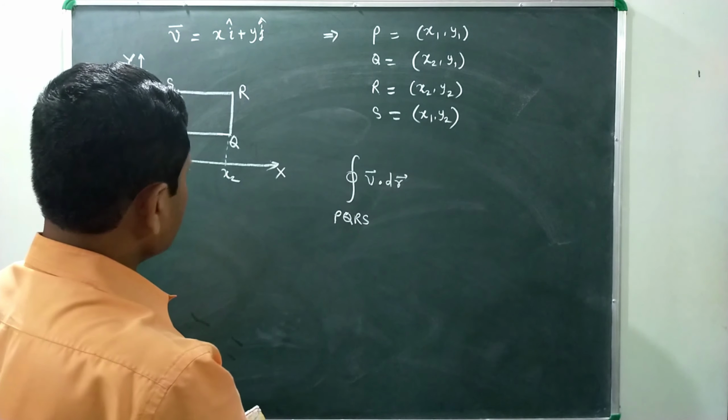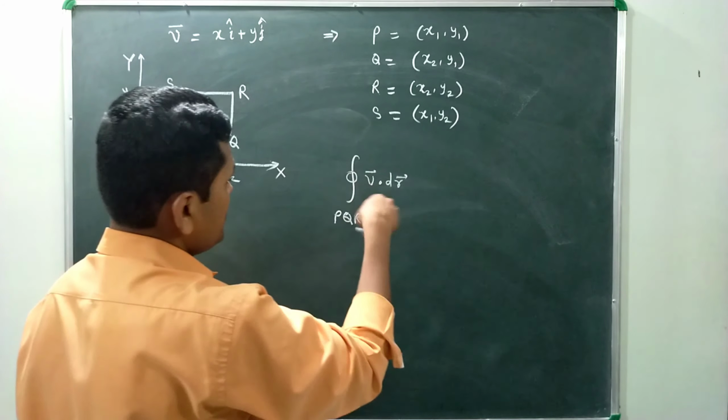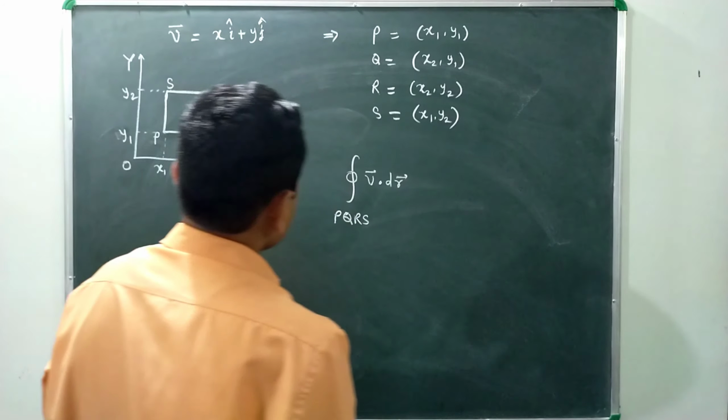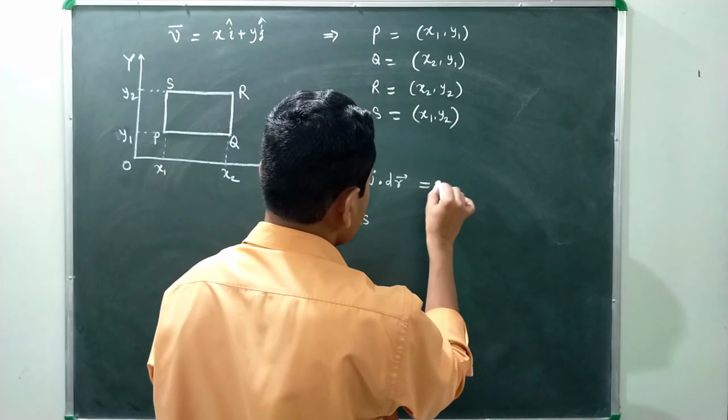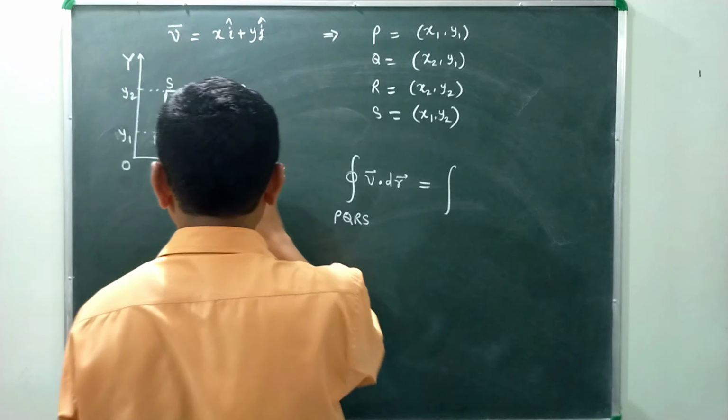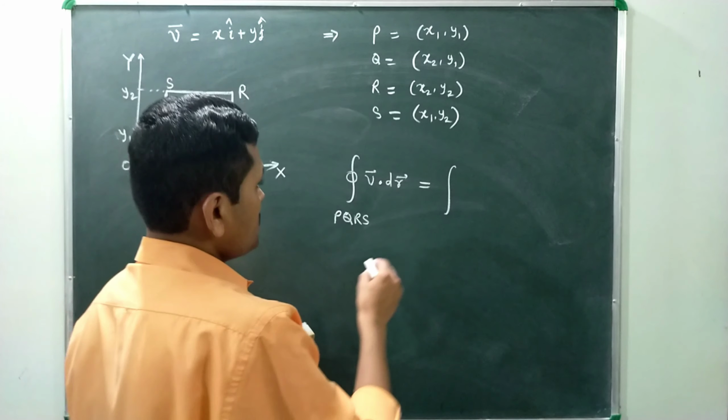So let us try to evaluate this line integral. Now, this line integral may be written as the sum of 4 line integrals.